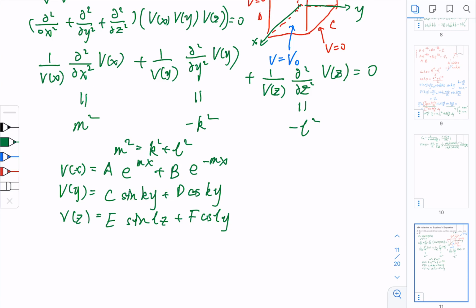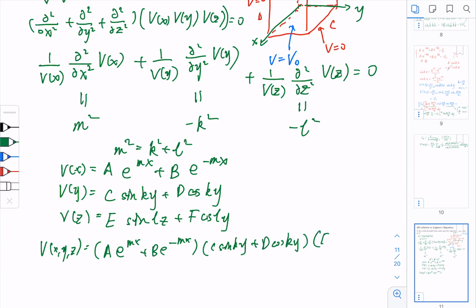And also we have the linear combination rule. So here the V of x, y, z should be this.